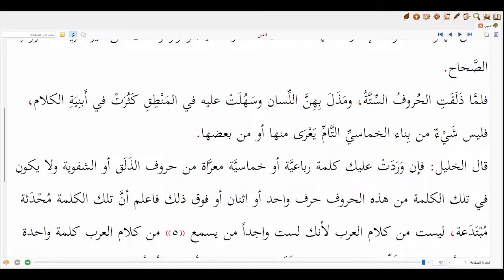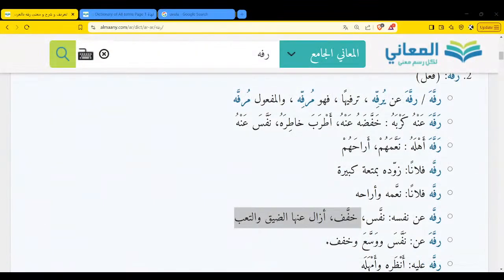So one of the meanings of ذلق, let's see, ذلقت الحروف الستة, and we'll check مذل as well.